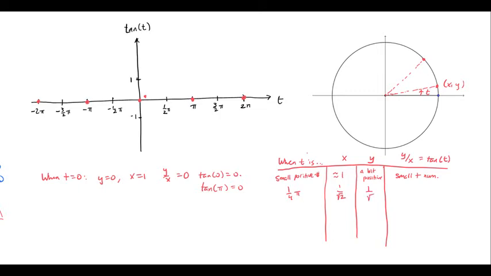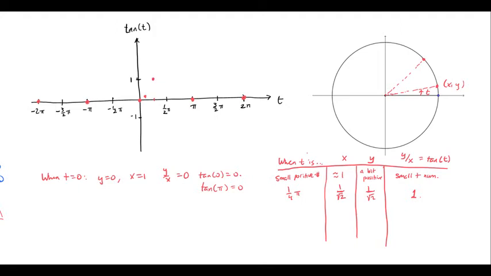In case you don't remember that, that would be a good thing to try and remember. Useful to know. So that means that y over x, since y and x are the same amount, tangent of t is equal to 1 exactly. So when I'm at 1/4 of pi, right here, I'm going to be at the point, sorry, I don't know why I marked that point. In fact, let me just cut that off there. Okay, now, my tangent of 1/4 of pi is going to be exactly 1.